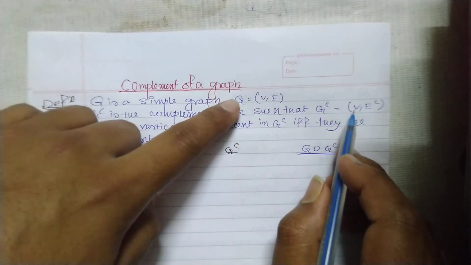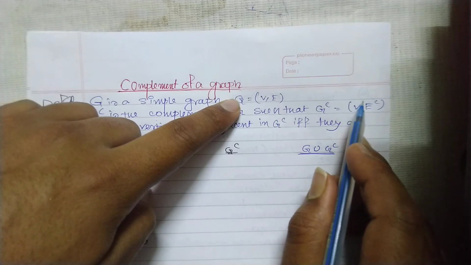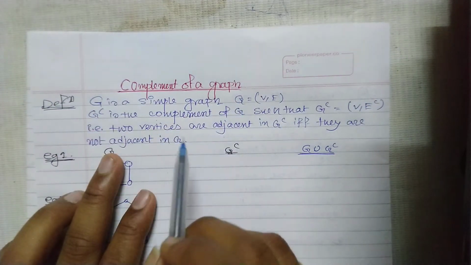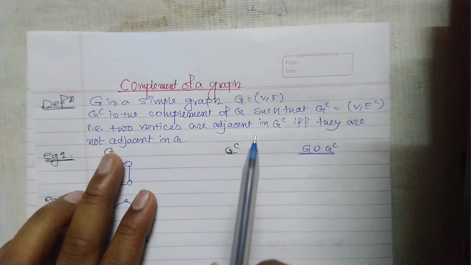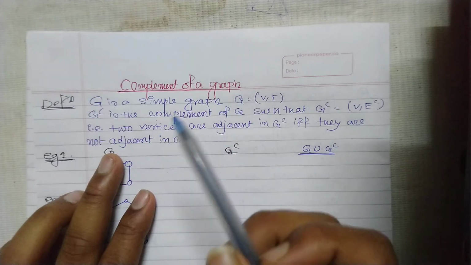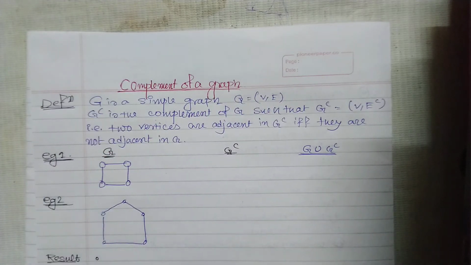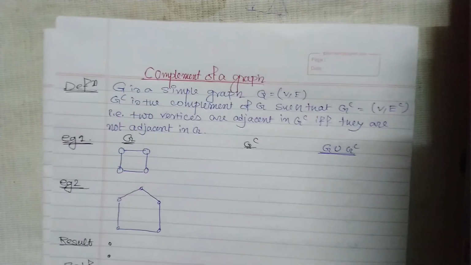It means the vertices of the graph will be the same, but the edges of the graph will be changed. That is, two vertices are adjacent in G complement if and only if they are not adjacent in G. It means whenever two vertices are adjacent in G complement, if and only if they are not adjacent in the original graph G. When I give the example, that will be very clear to you.